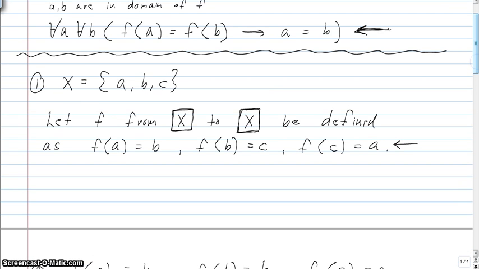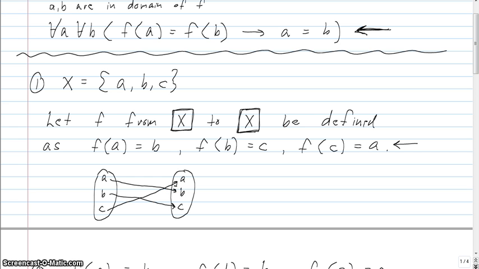We do this in our algebra classes: we draw the domain and codomain, and then make a little diagram representing how the function is defined. So a goes to b, b goes to c, and c goes to a. Maybe this is a good visual way to see this function is one-to-one.